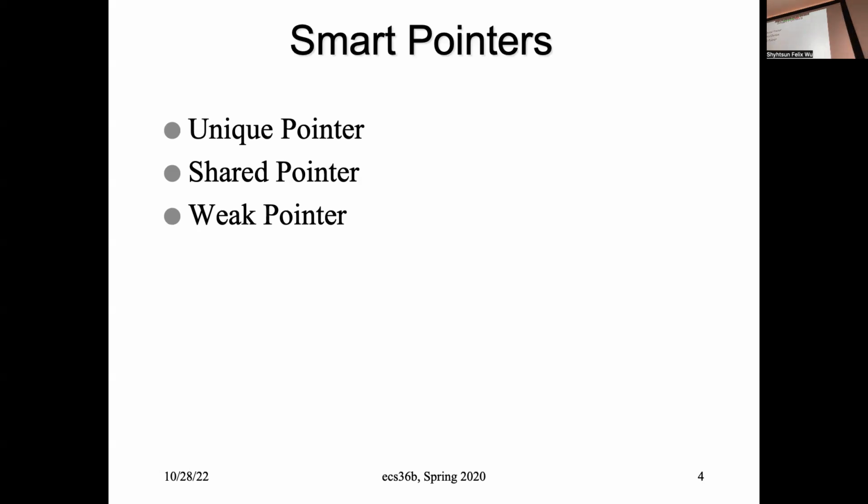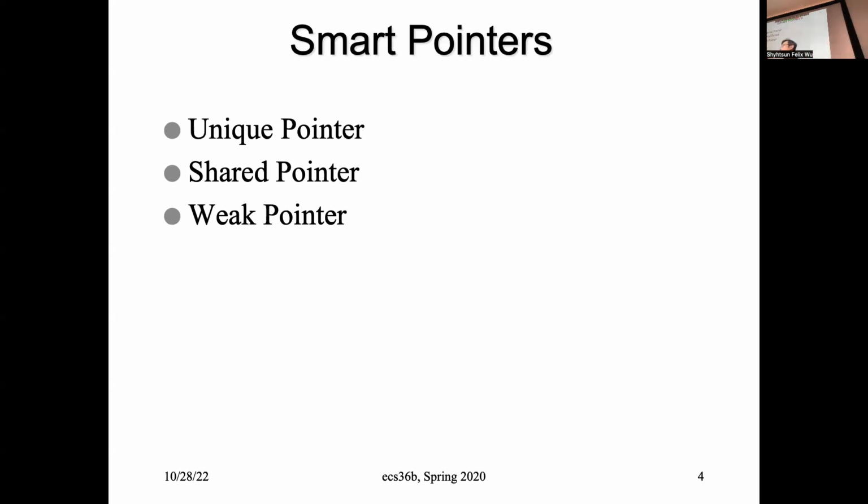And the weak pointer is kind of a hybrid. A weak pointer can use the shared pointer as a reference, but it won't be included in the count of shared pointers. In other words, you could have 5 shared pointers pointing to a resource. If these 5 are gone, then the resource is gone.